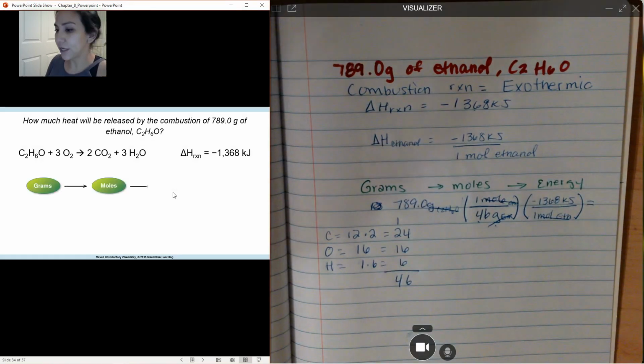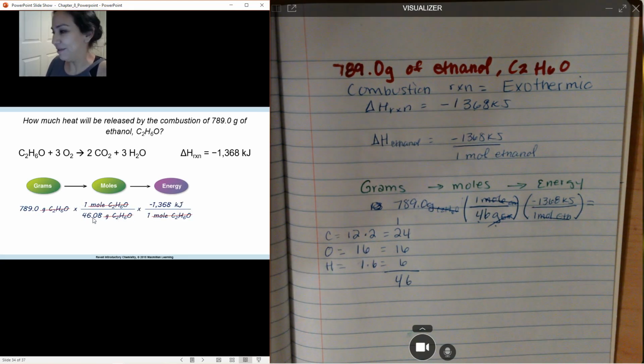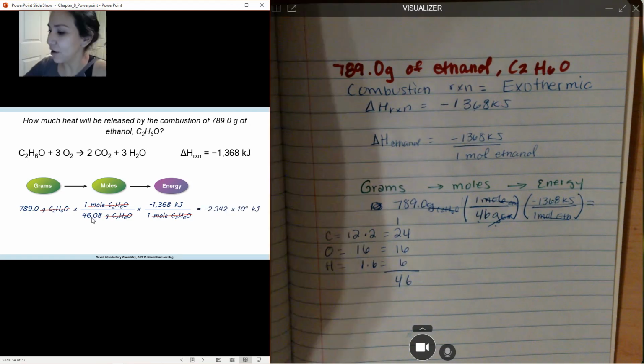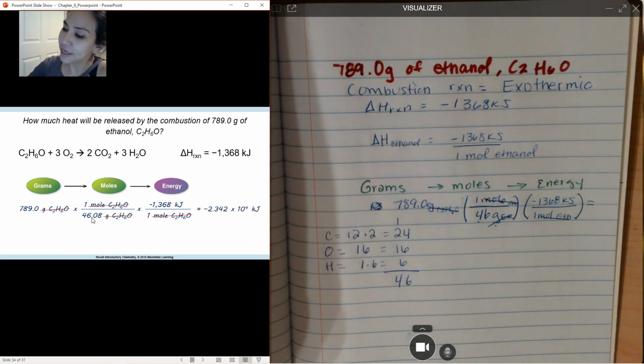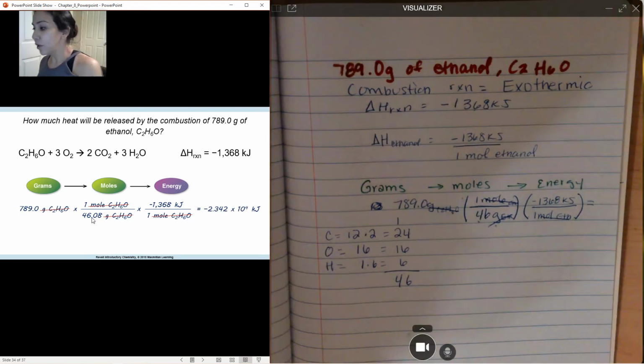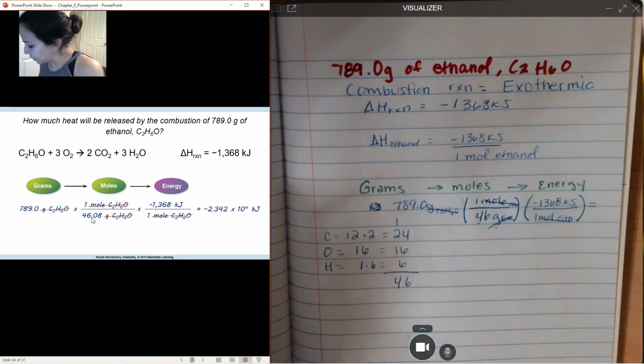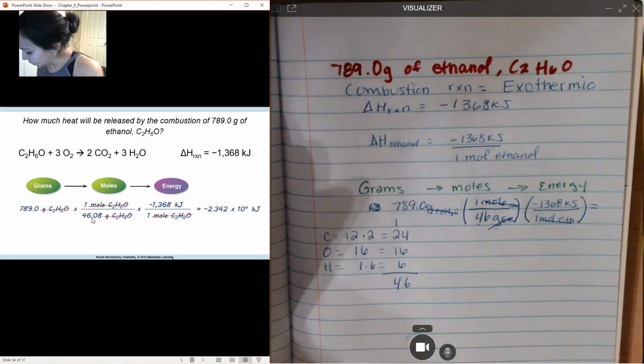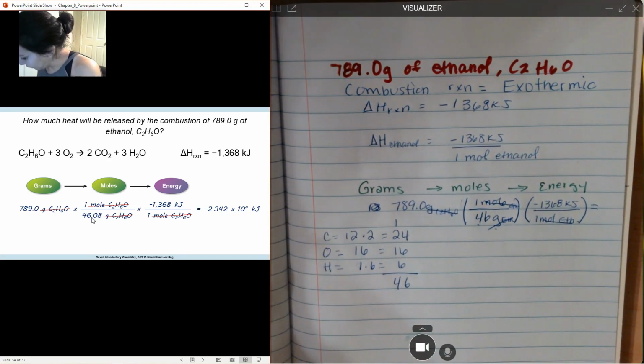Let's double check to see if we've been doing our work correctly. Grams to moles, moles to energy. They didn't round, I rounded. And with a final answer given to us as negative 2.34, I am going to verify this and put it into my calculator, because it's always good practice to verify all your work.